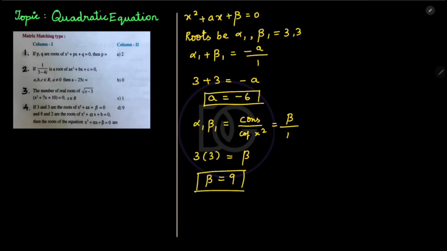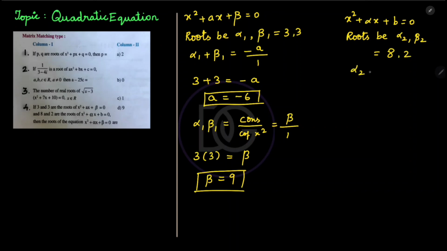Now the second equation. The second equation is x square plus alpha x plus b equal to 0. The roots will be alpha 2, beta 2. They have given the roots, that is 8 comma 2.